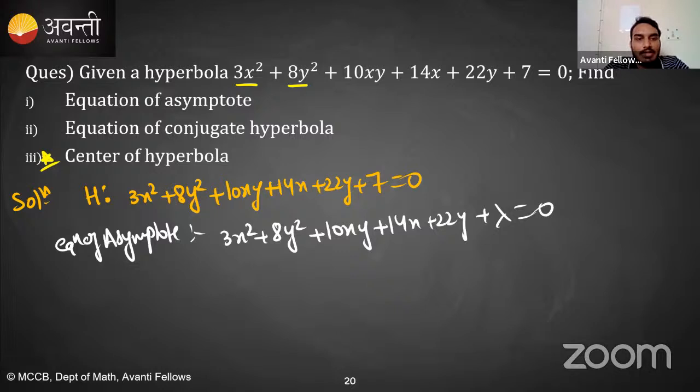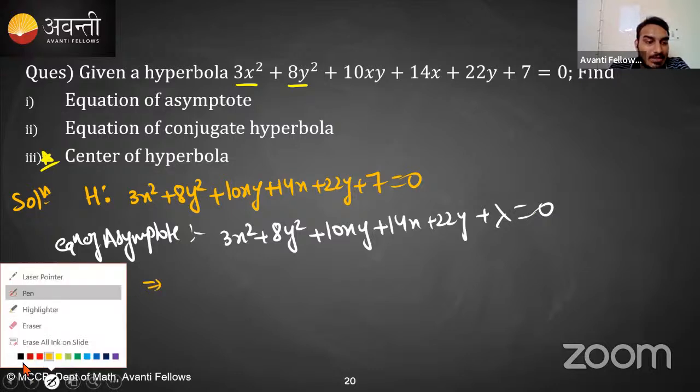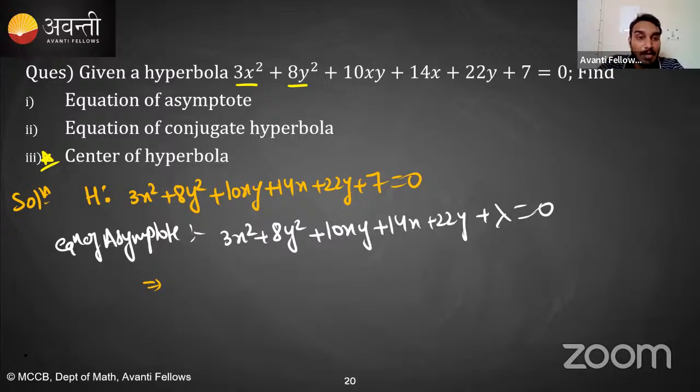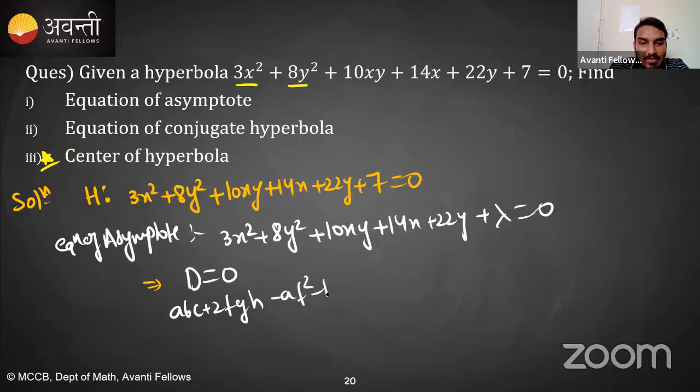I said that only and only the difference would be in the constant term. Exactly, the rest of the terms should be exactly the same, right? So this is the equation of asymptote, which means this is the combined equation of two straight lines, right? So if this is the combined equation of two straight lines, it means delta should be 0, meaning ABC plus 2FGH minus AF square minus BG square minus CH square should be 0.